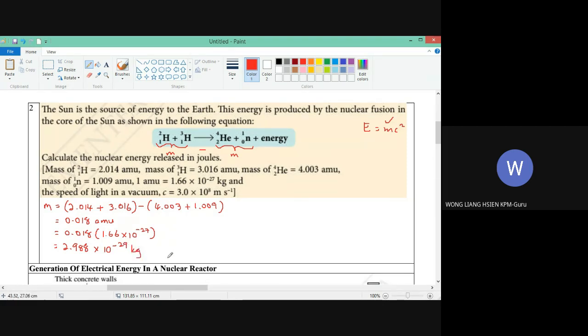So this is the mass effect. Put the mass effect into E equals mc squared.